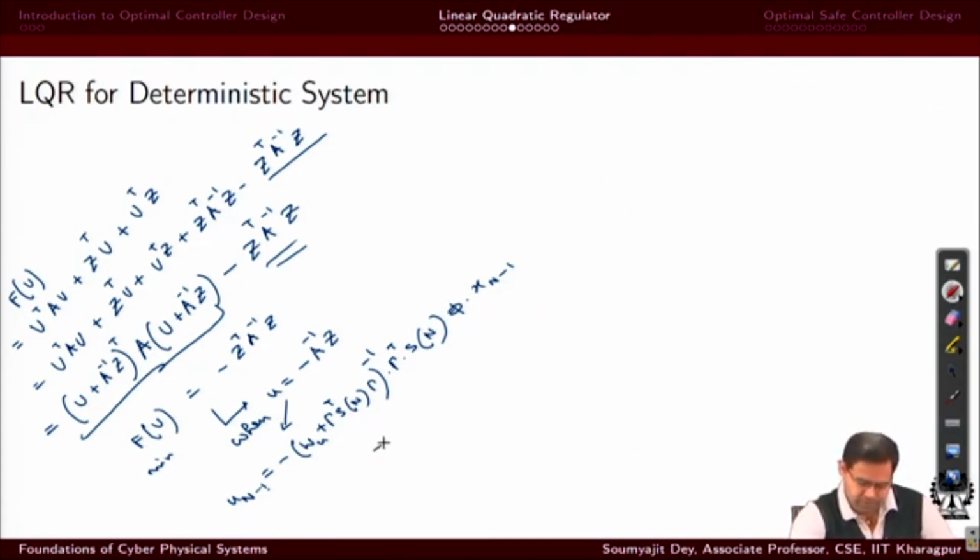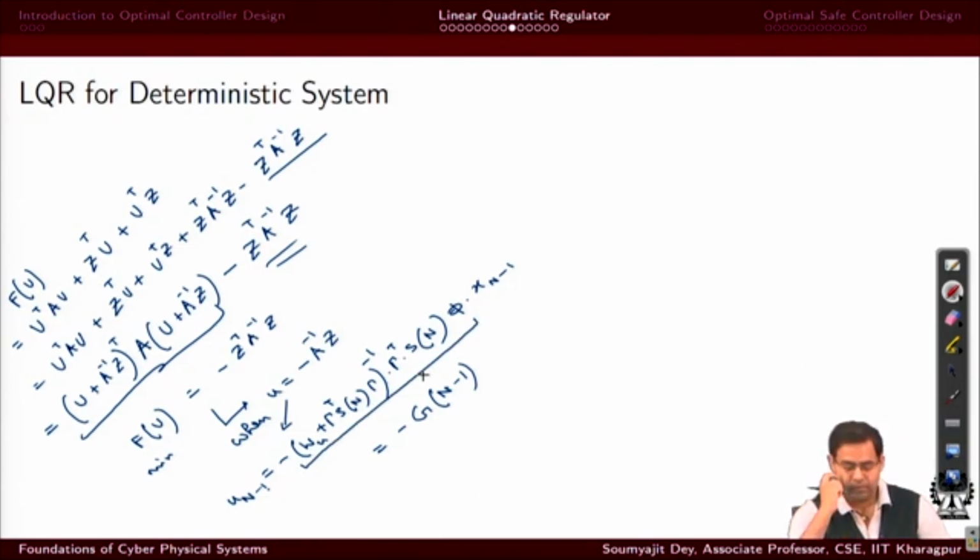So this is what we get, and fine, we can write this as some function g of n minus 1. Which one are we writing? Well, this much is g n minus 1, and that gets multiplied by x n minus 1. So you see, here is your control, right?